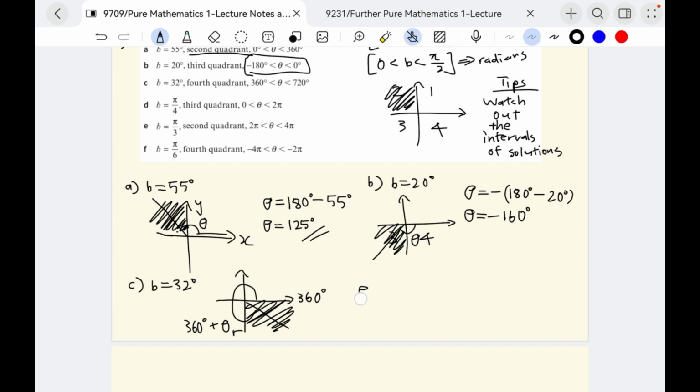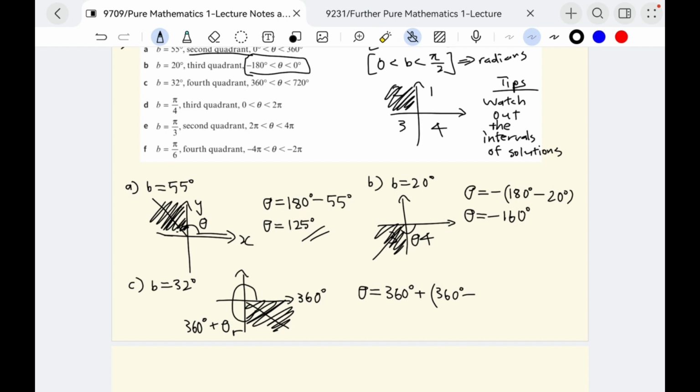So your theta must add up 360 degrees plus 360 degrees minus its base angle.